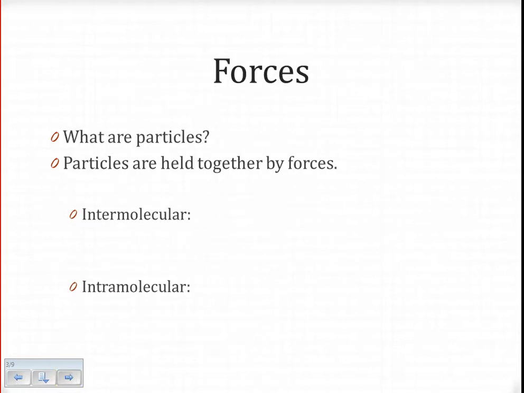Okay, now when we talk about the particulate theory and how physical and chemical relates to the particles, you have to understand that particles are held together by specific types of forces. There are two types of forces: intermolecular forces and intramolecular forces. Intermolecular forces we abbreviate as IMF.